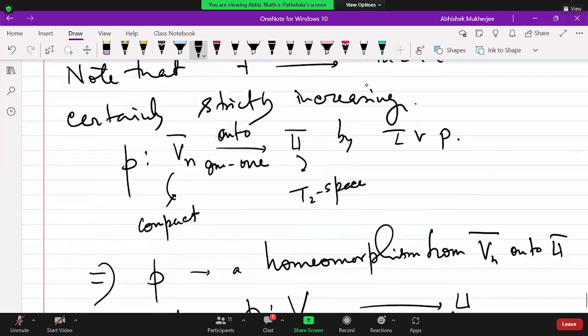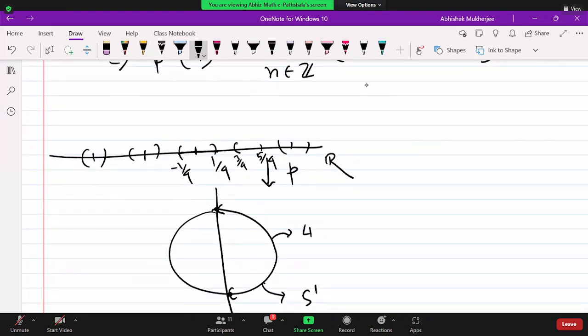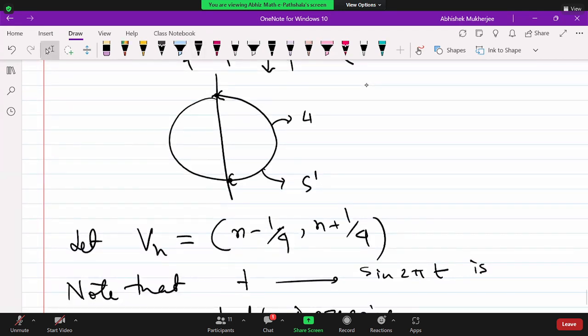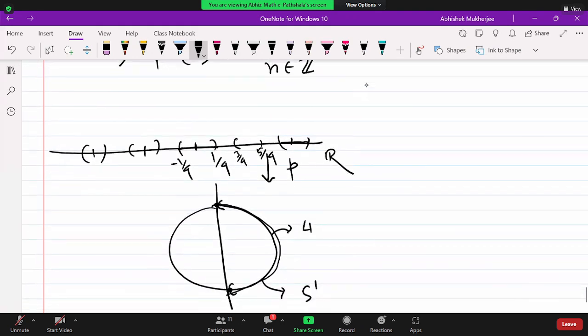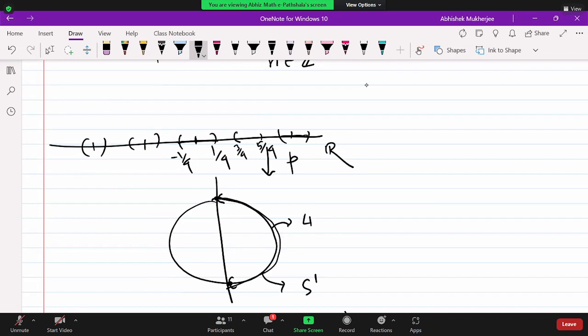So what does it say? That means you are just taking these intervals, which are accumulating towards 1, and they are crushed down to this U. So one can say that these are all copies of U in the real line via this P, right?